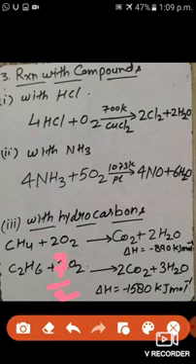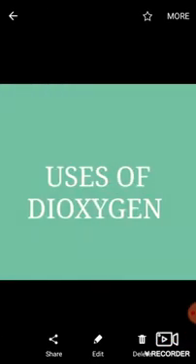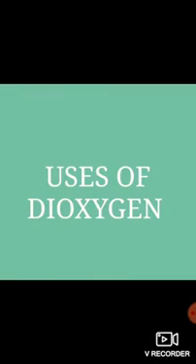Now let's discuss the uses of dioxygen. We have a number of uses. Dioxygen is used in the oxyhydrogen or oxyacetylene torch, which is used for welding and cutting metals.